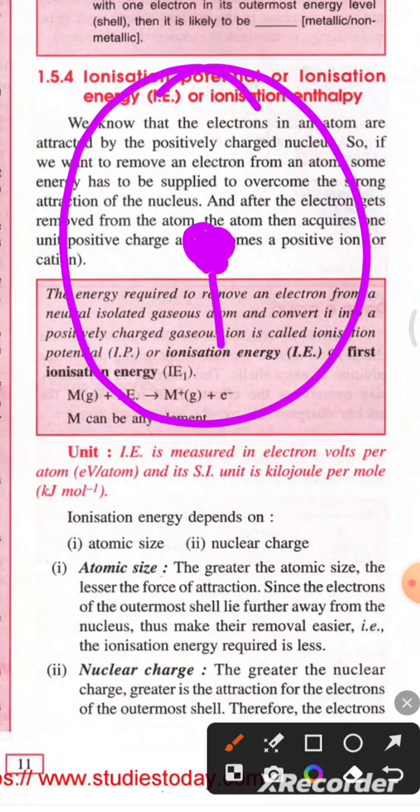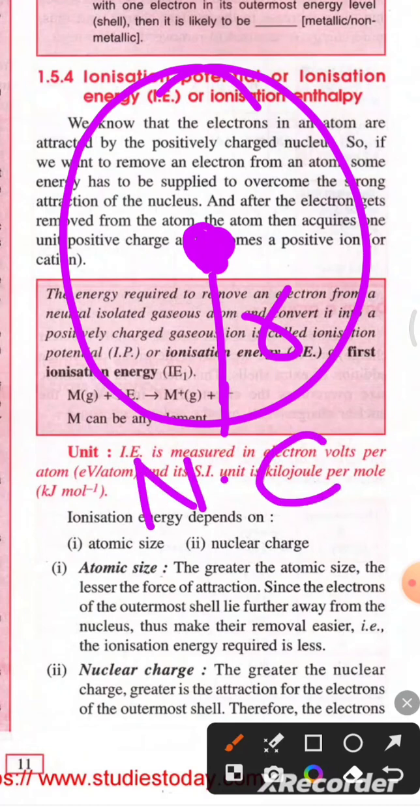If the atomic radius is more, then obviously the nuclear attraction will be less, and the nucleus cannot attract the electrons, so the electron can be removed easily. That means less ionization potential is required.